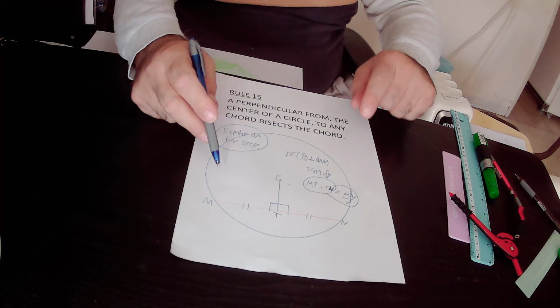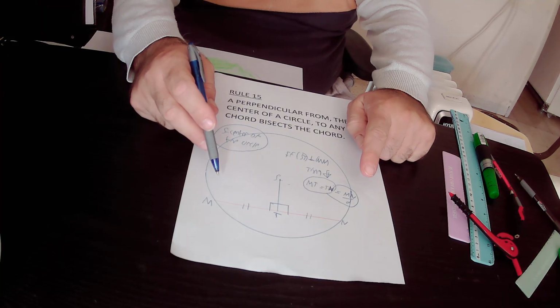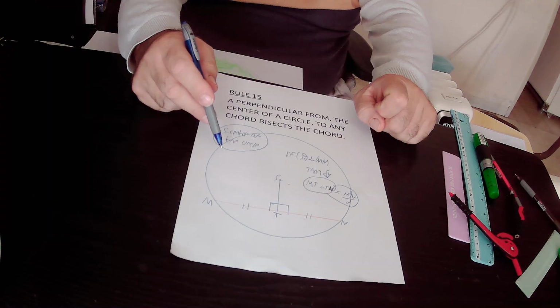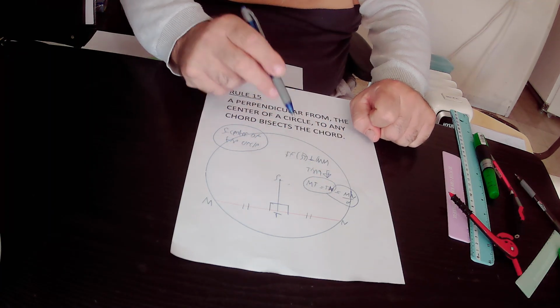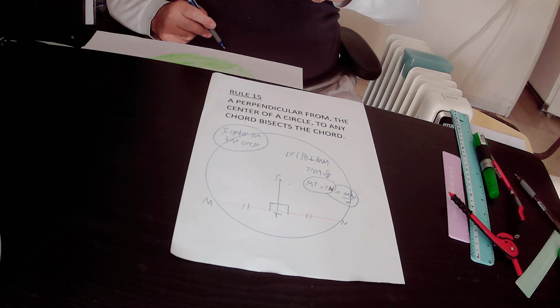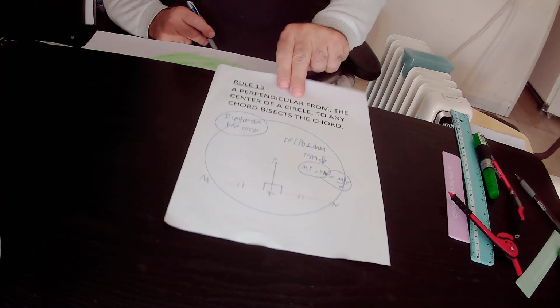And each half must be equal to MN over 2 because MN has been bisected. So according to rule 15, MT equals TN equals MN over 2. So we can actually implement rule 15 in our drawing.